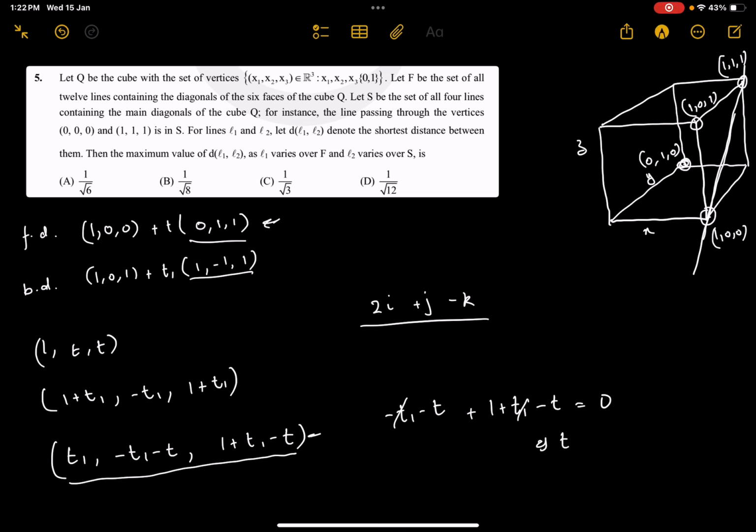That gives us t equals half. The dot product of this vector with this gives us t1 plus t1 plus t plus 1 plus t1 minus t equals 0, which gives us t1 plus t1 plus t1, 3 t1, t gets cancelled with minus t, plus 1 equals 0, which gives us t1 equals minus 1 by 3.